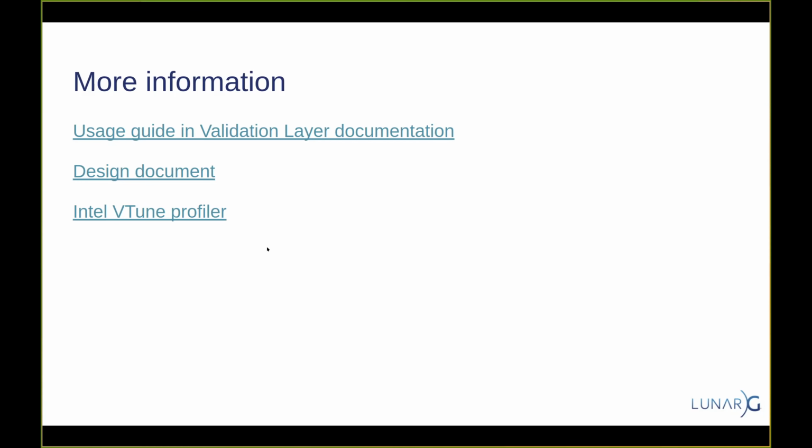And then the other link here is to the Intel vTune profiler, which has some really great visualization tools. That's what I used for a lot of the investigation into the performance while developing this feature. So I'm going to stop the presentation, and now we'll see if there's any questions.